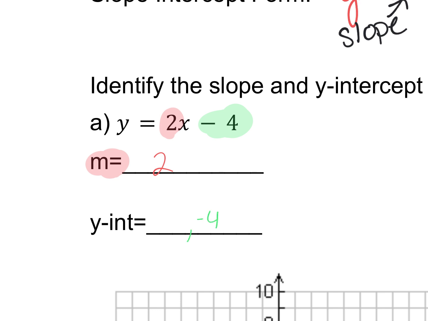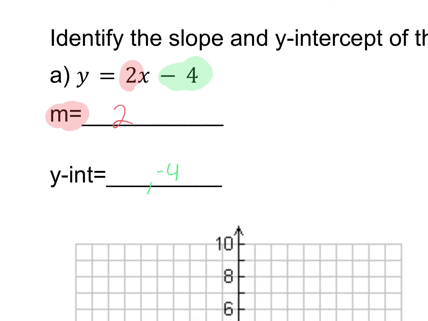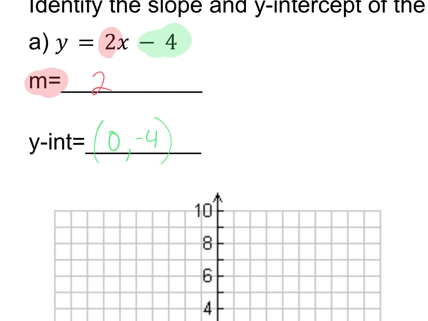Since it's on the y-axis, it's at the coordinate (0, -4). All of these y-intercepts start with a 0, because the x-coordinate is always 0 when it crosses the y-axis, and then whatever the number is. Okay, we did all that.